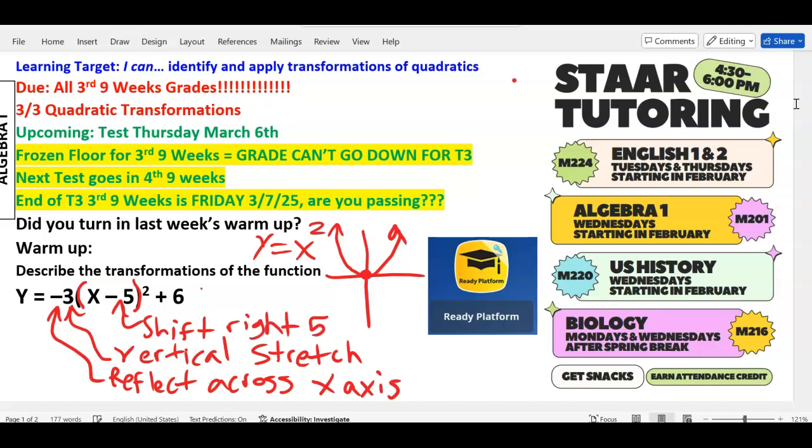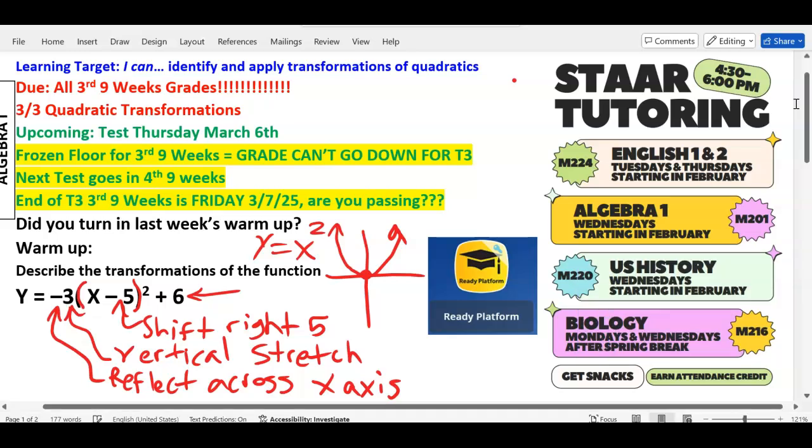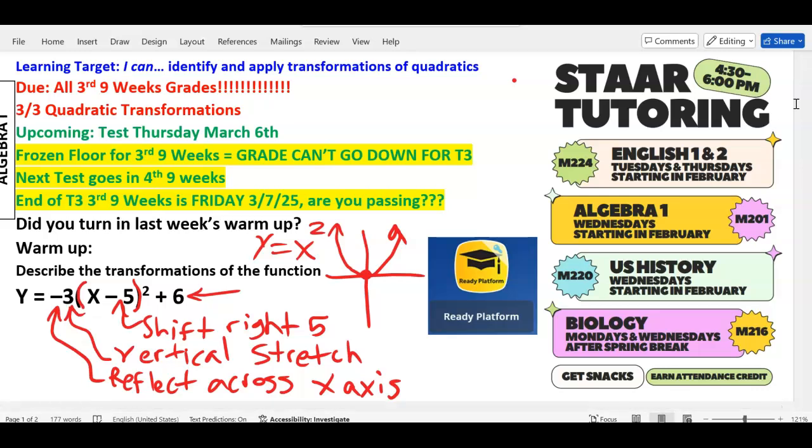5. And last but not least, the number outside of the parentheses, that is not an insider, it's an outsider, so it's going to be a Y change, a vertical up or down, and since it doesn't lie, plus is up. So when I see that +6, it's up 6.